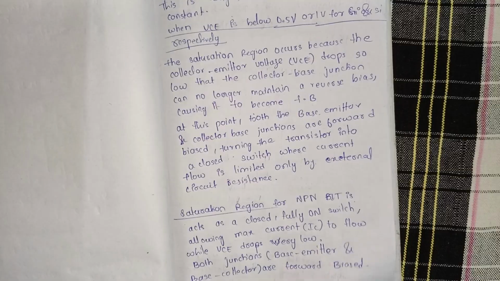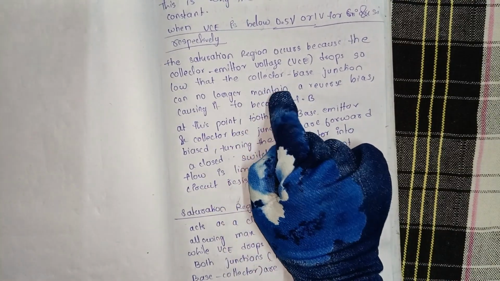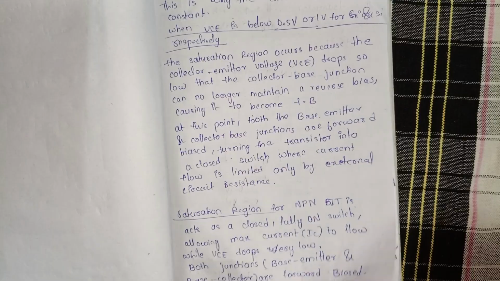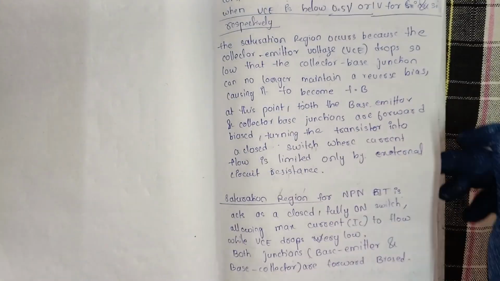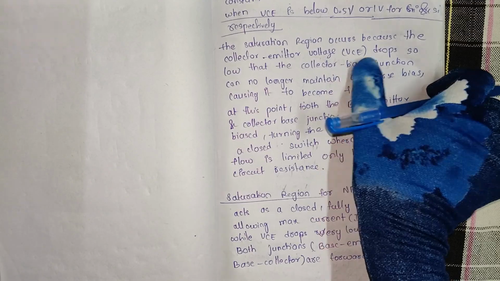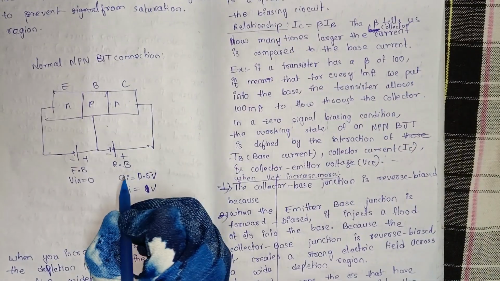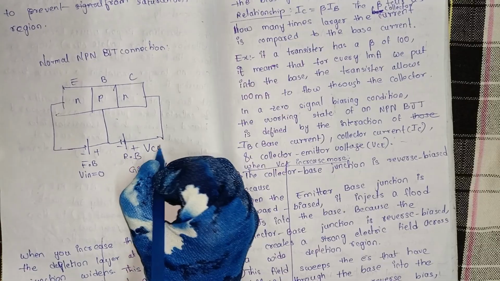We will understand this by using a diagram. When the collector-emitter voltage drops so low, this is the voltage VCE.